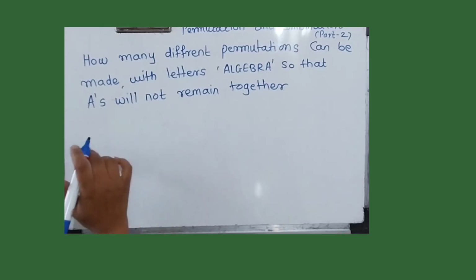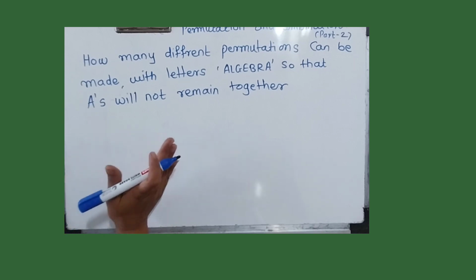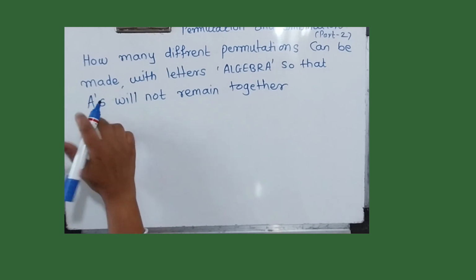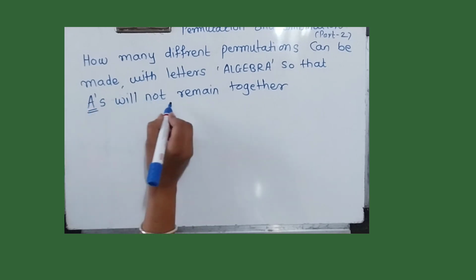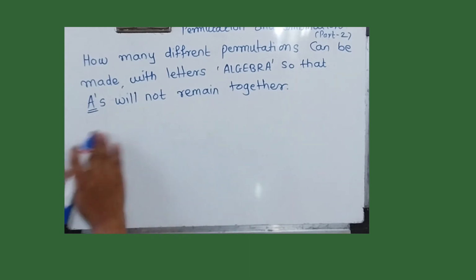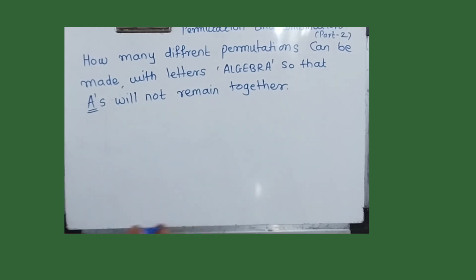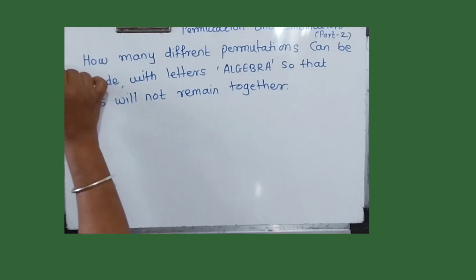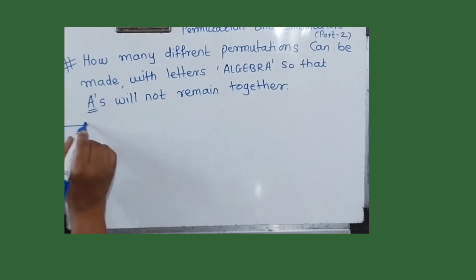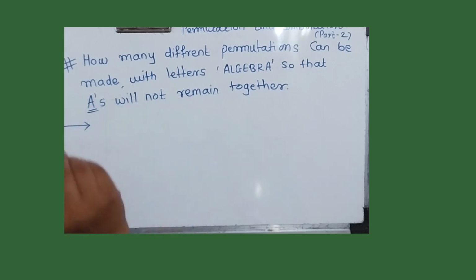See the next example. How many different permutations can be made with the letters of ALGEBRA so that the A's will not remain together? This question was asked in a banking exam. See, we solve it conversely.